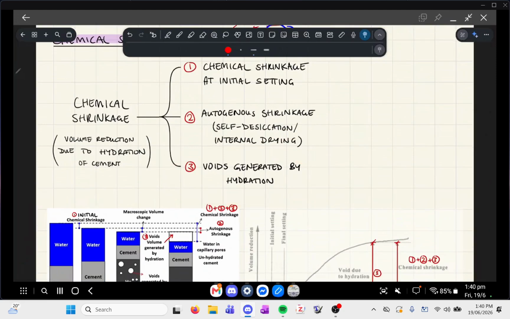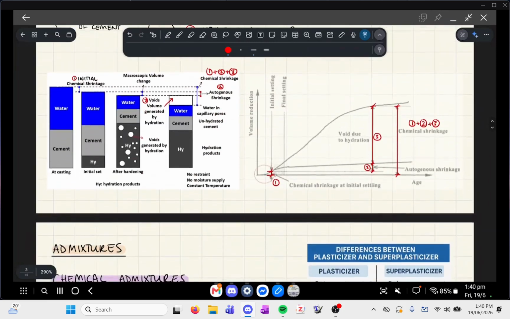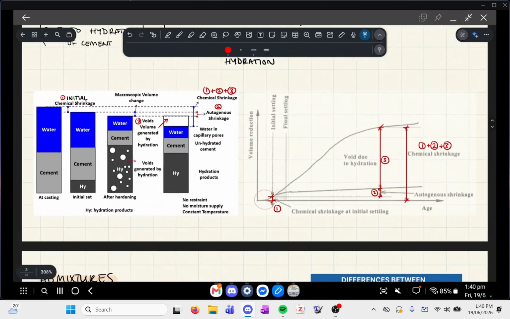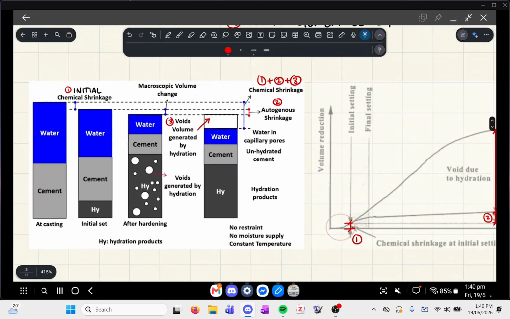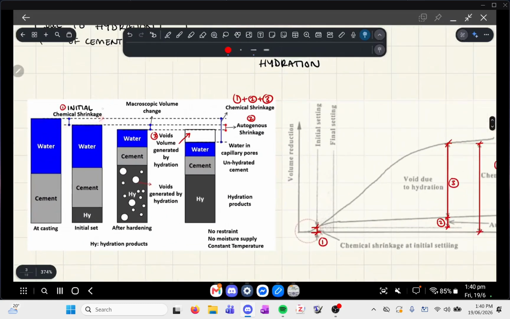Okay, so let's visualize this using the stuff that they provided in the lecture slides, but I don't really like how they point at stuff in these, so I've repointed at certain parts. Let's look at the one on the left first. In terms of the initial chemical shrinkage, when you cast the concrete, so you've poured it on site, after a certain amount of time, it starts to set.